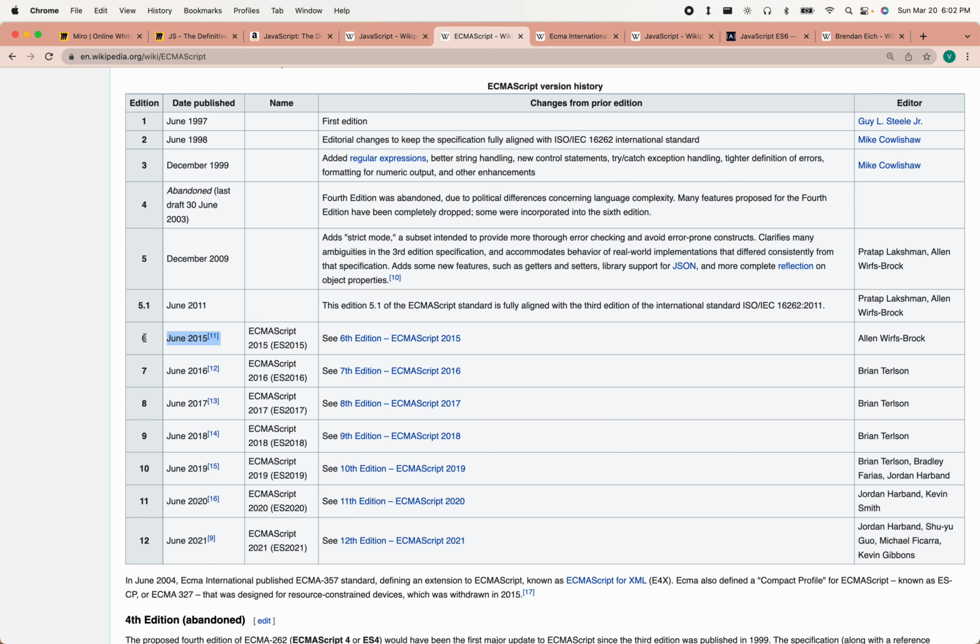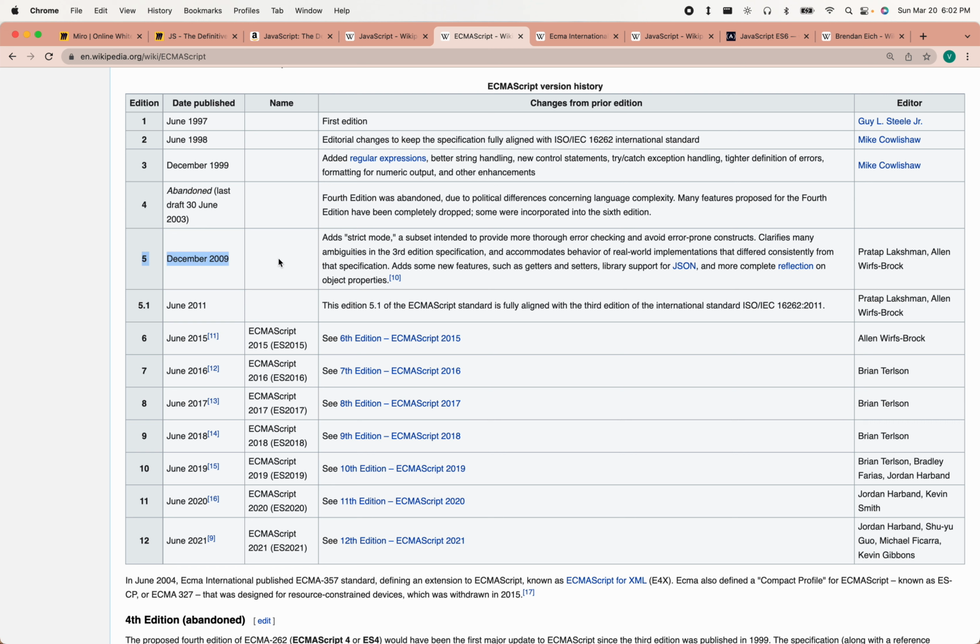But if we look at ES6, whenever people say ES6, they refer to the 6th edition, which was published in 2015. So it's like one year off. ES6 is in 2015, ES7 was released in 2016, and so on.